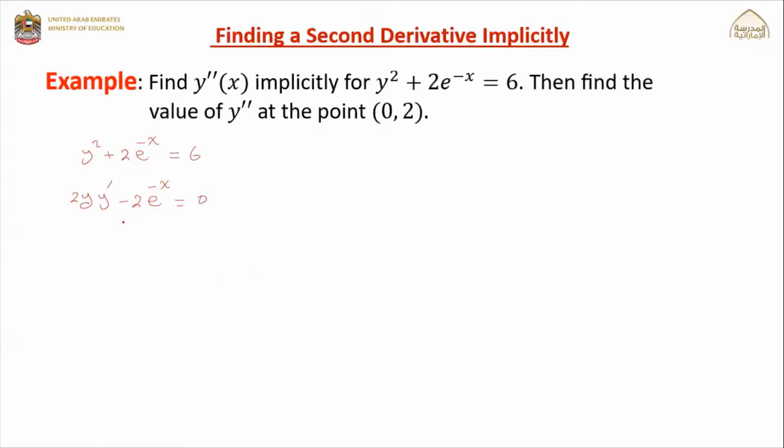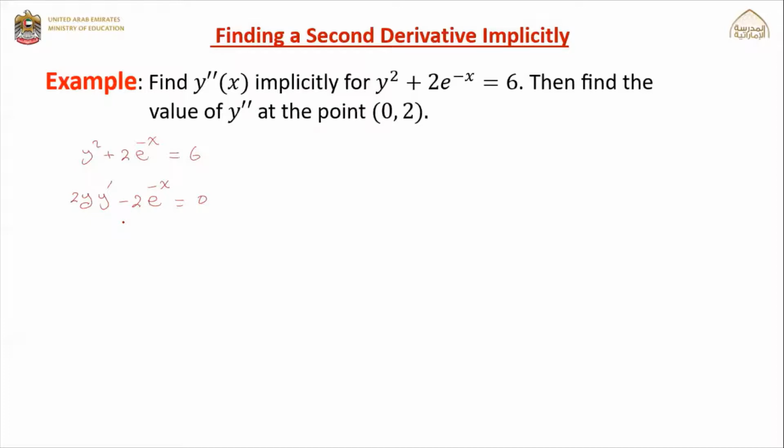Now I need y double prime. Here I have two ways to find y double prime. You can find y prime explicitly here, and after that find y double prime.